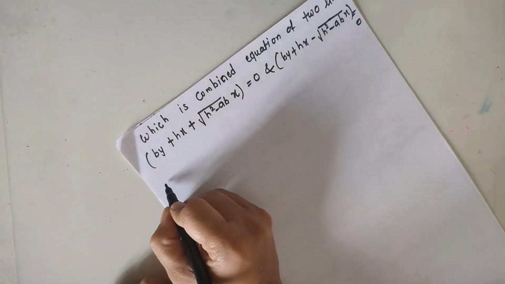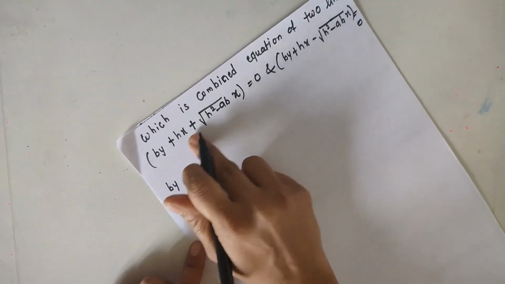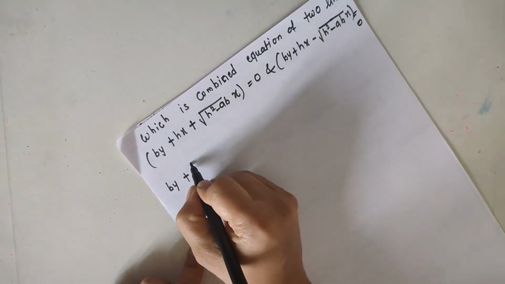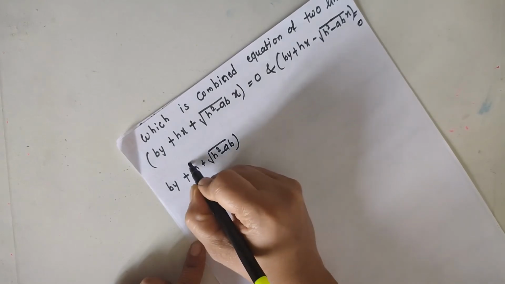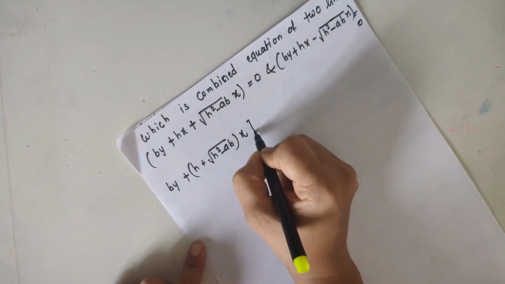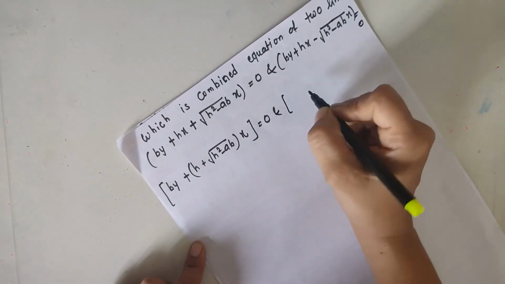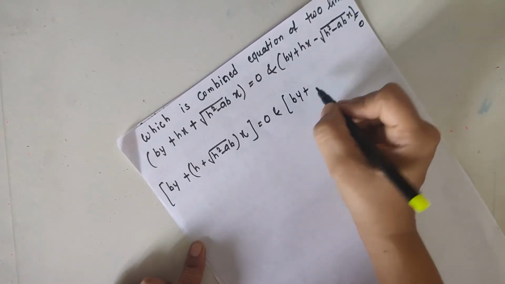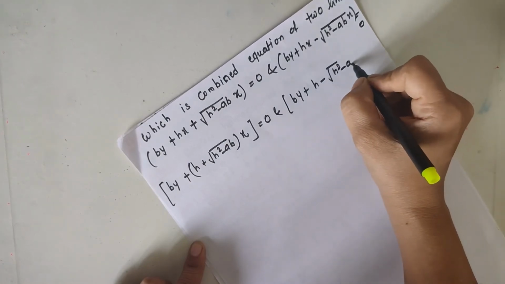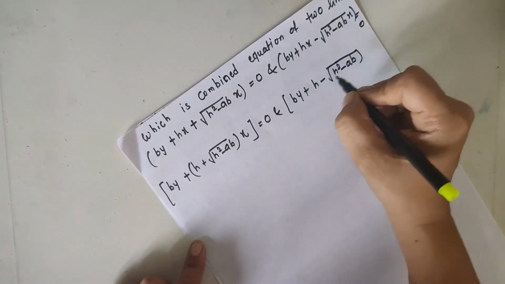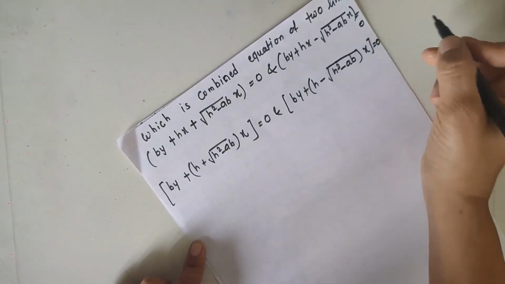Now this equation can be written as by plus x, taking x as common, (h plus under root of h square minus ab) into x, is the first equation, and the second equation can be written as by plus (h minus under root of h square minus ab) x, x as common, is equal to 0.